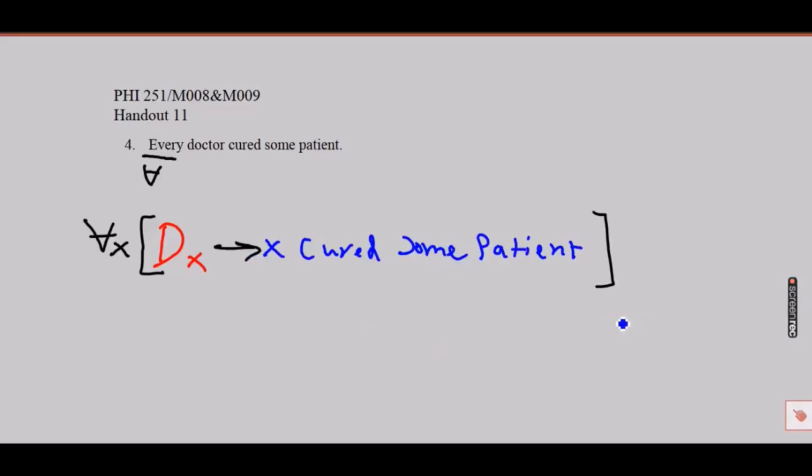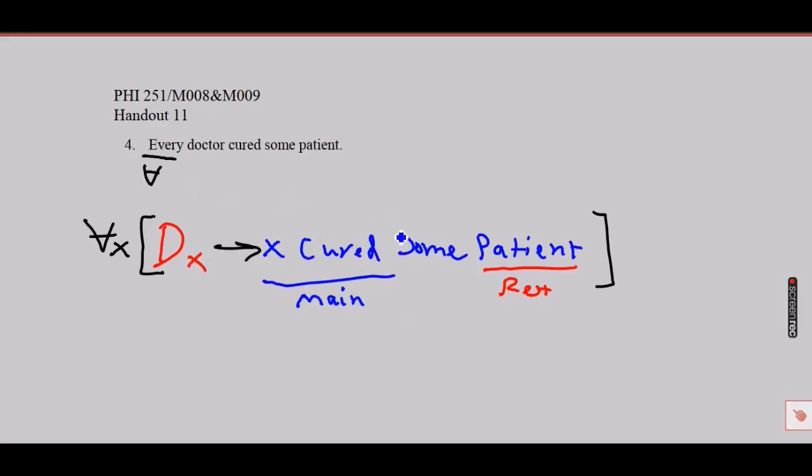And notice that this one involves a restrictor predicate and a main predicate itself. So here we are talking about patients in the second statement. So that's the restrictor predicate for the second one. And about them, we are saying that x cued them, right? So I hope this is not confusing, but this x cued is the main predicate of this second statement.